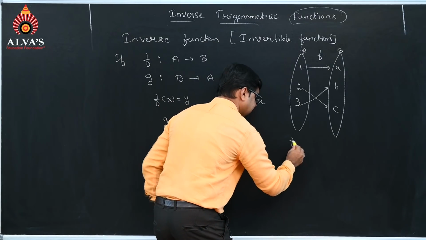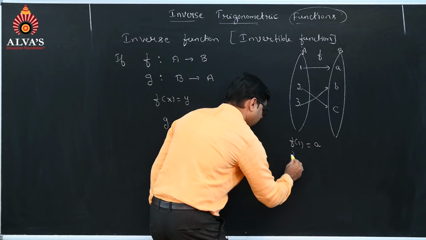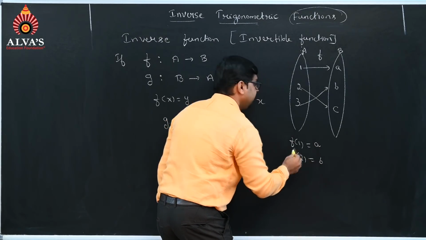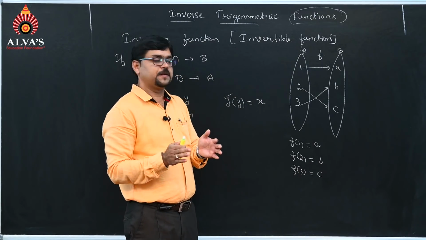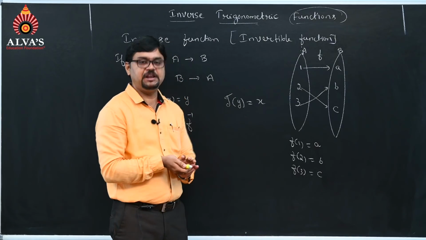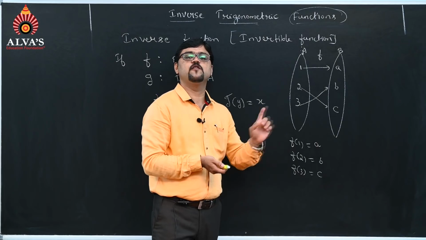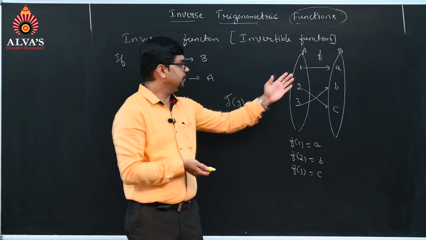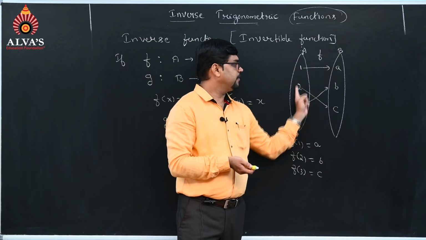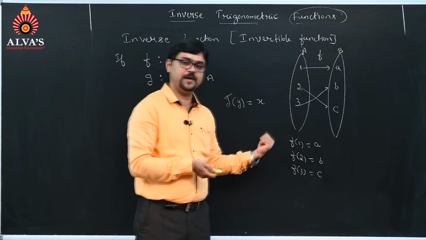So here we can say f of 1 equals a, f of 2 equals b, f of 3 equals c. First, a function should be invertible. It must satisfy both one-one and onto. That means it should be bijective. So here it is clearly one-one and onto. So hence it is bijective.